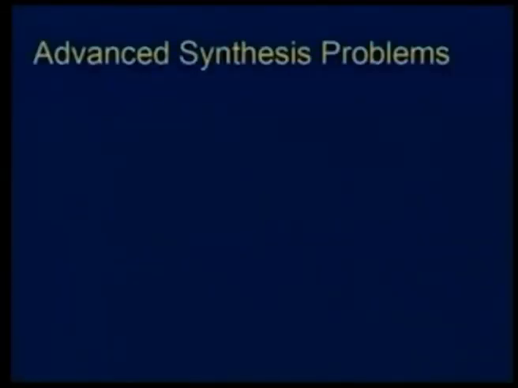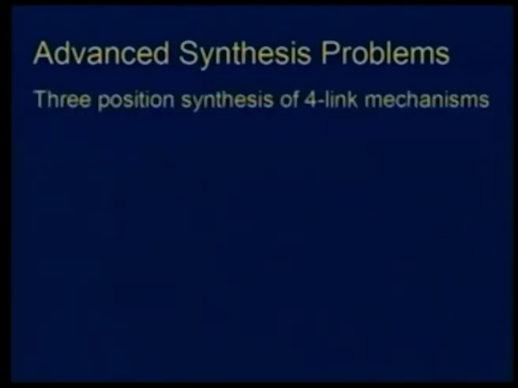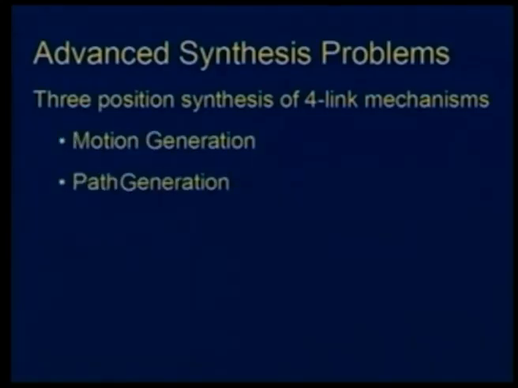In this module, we will start our discussion with some advanced problems of dimensional synthesis. We have already discussed 3-position synthesis of 4-link mechanisms, namely for motion generation, path generation and function generation.